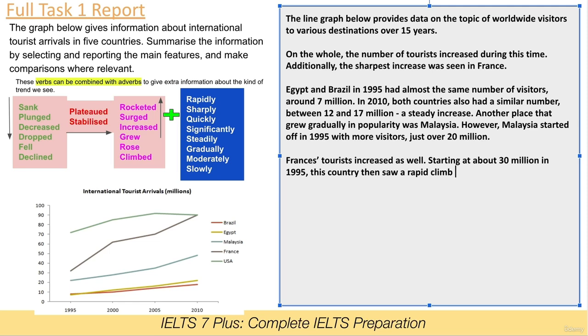A rapid climb that reached around, when does it stop? About the 60 million mark. Have we used around? About, around. Okay. 60 million in the year 2000. Oh, not 200, 2000. There we go. Okie dokie. So, yes, we've talked about that rapid increase there.